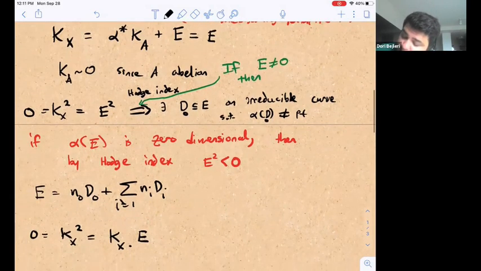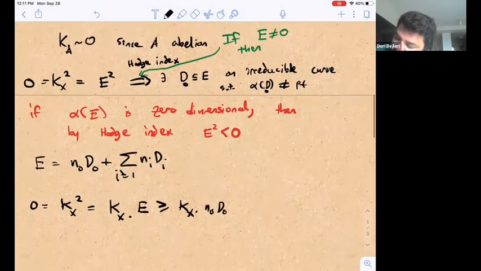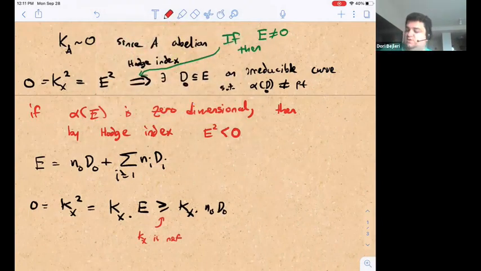And now this is greater than or equal to kx dot n0 d0, and this is because kx is an f. So all the contributions from kx dot these other di's are all non-negative.